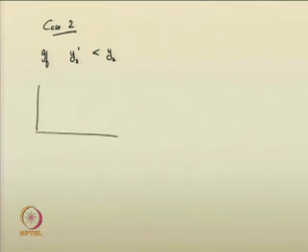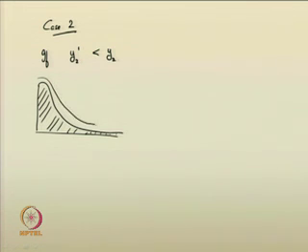Case 2. What is case 2 suggesting? Suppose the tailwater depth is less than the corresponding sequent depth of the pre-jump depth y1. Let me draw the spillway. So, water overflows and reaches this depth.